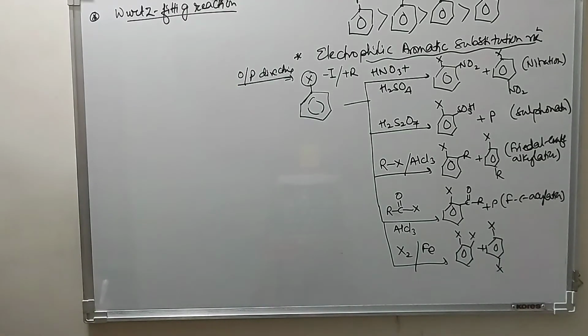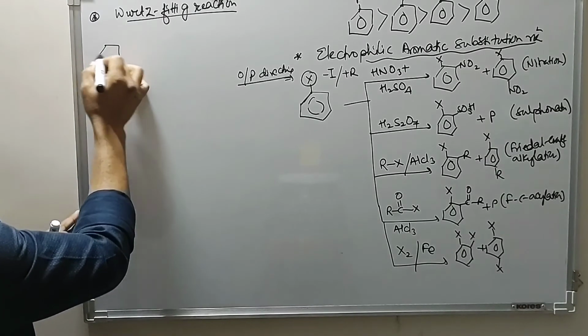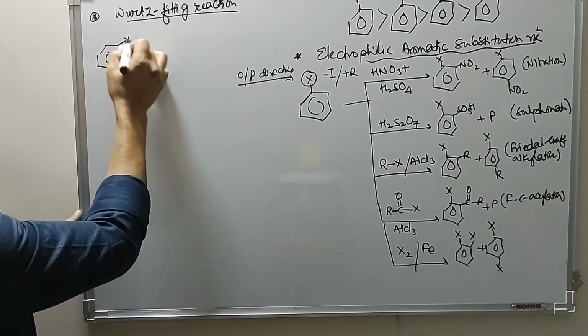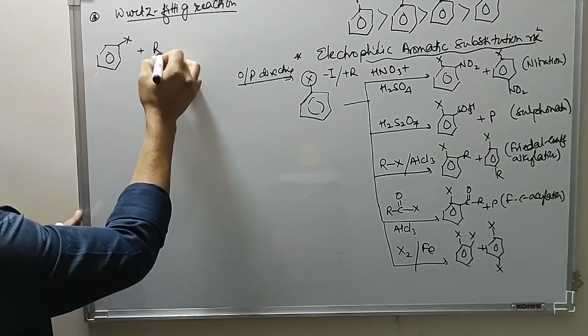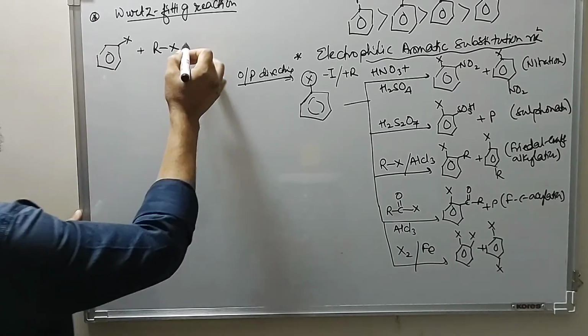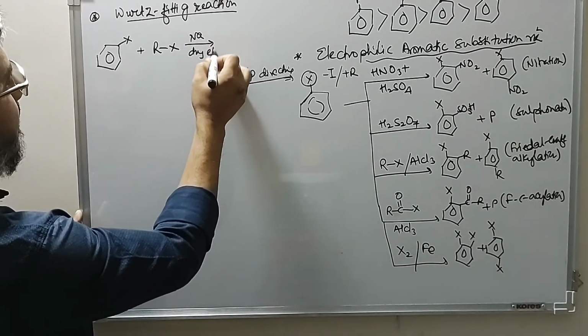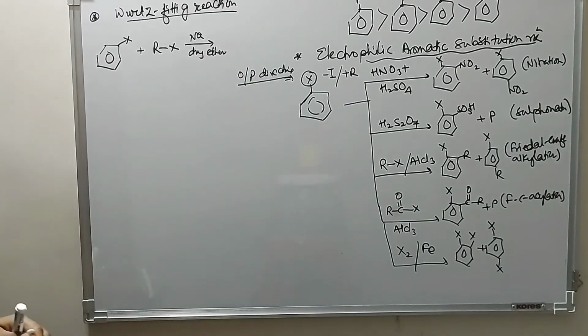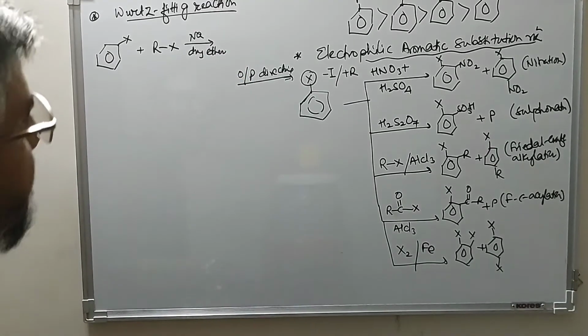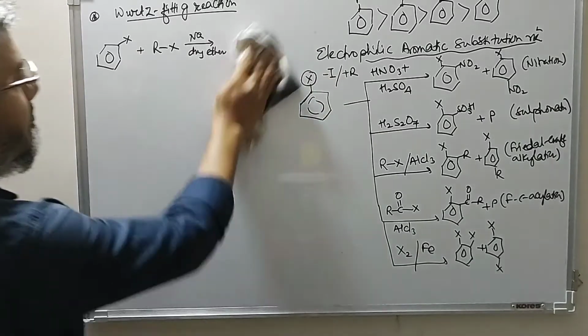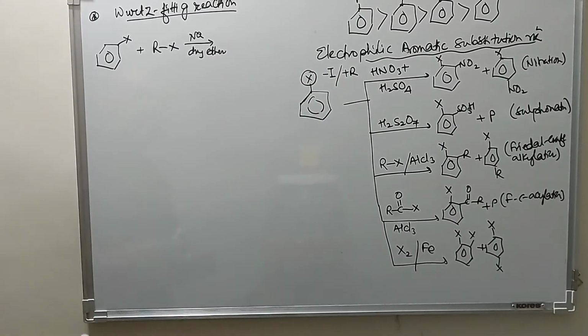So this is a coupling reaction of alkyl halides and aryl halides in presence of sodium to give you alkyl substituted benzene. So we have a reaction of aryl halide and alkyl halide in presence of sodium metal, that is dry ether, which gives you alkyl substituted benzene.